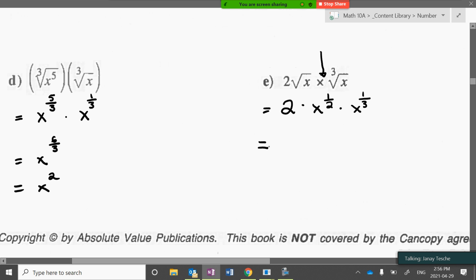In order to combine these, I need a common denominator. The common denominator here is 6. So this is going to be 3/6 plus 2/6. You don't need to show that step, that's just fine.